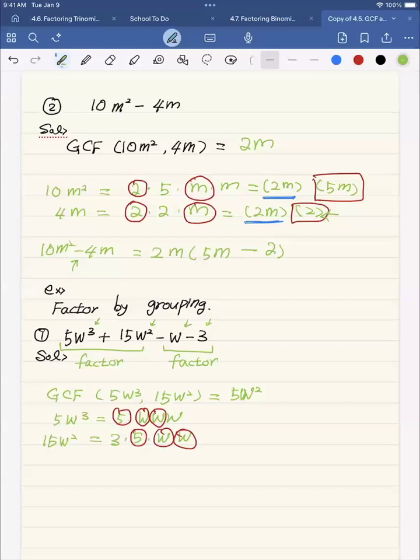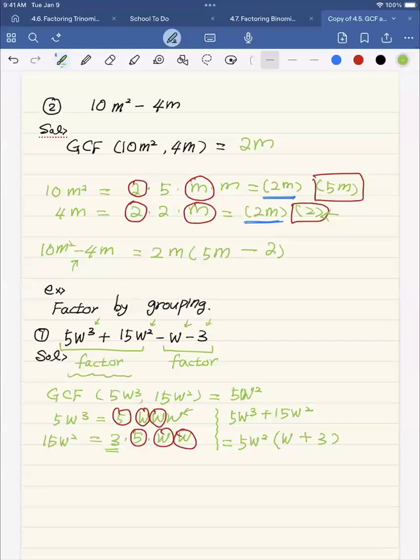When we understand 5W cubed plus 15W squared, that can be rewritten as 5W squared, open parenthesis, W is remaining, so W plus, here 3 is remaining, so 3 here. That's the factoring of the first group.